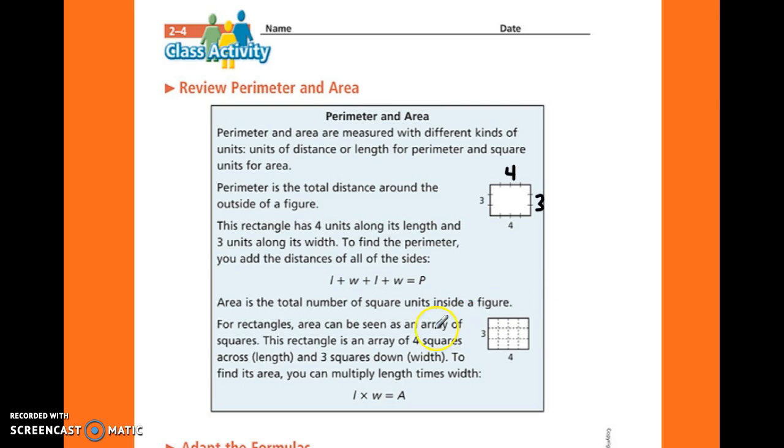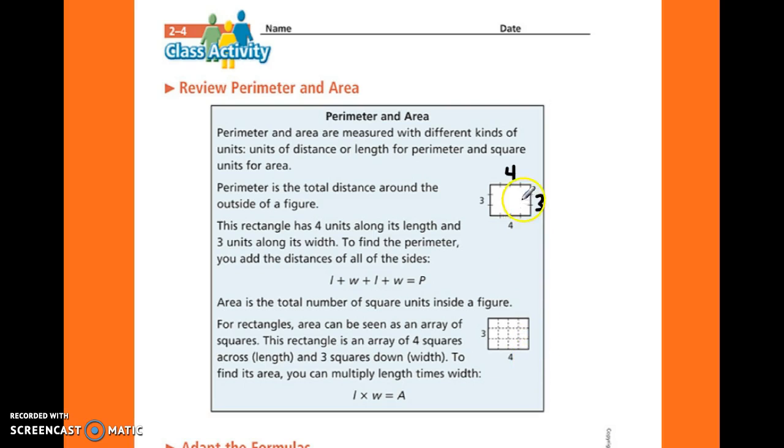Area, on the other hand, is the total number of square units inside a figure. For rectangles, area can be seen as an array of squares. This rectangle is an array of 4 squares across the length and 3 squares down the width. To find the area, you can multiply length times width.